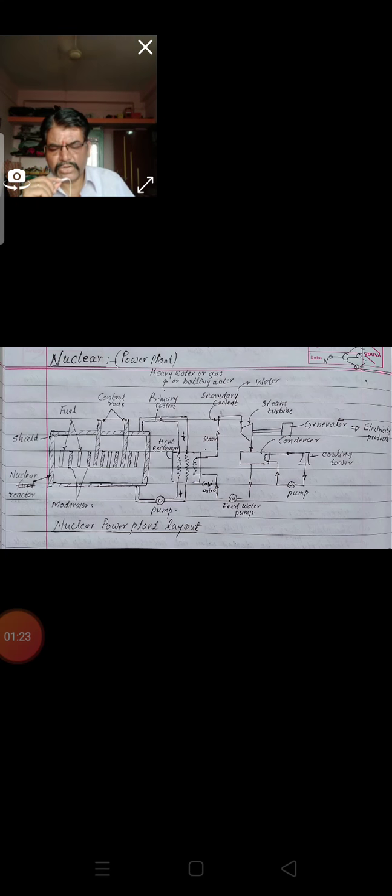Fuel transportation network and large storage capacity are not required for locating a nuclear power plant. Only a reasonably good supply of water is required. It has a little disadvantage, that is disposal of nuclear waste and the problem of radioactivity in the plant.